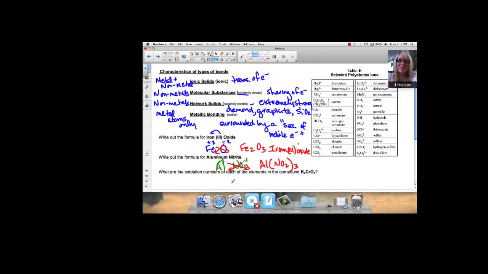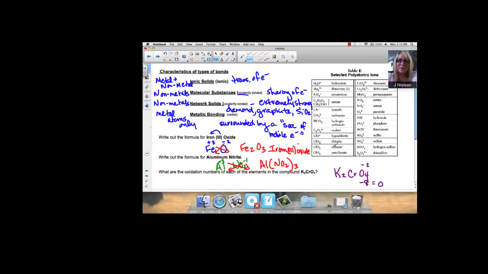What are the oxidation numbers of each of the elements in the compound K2CrO4? Oxygen is -2. We get that from the periodic table. This is a compound, so the net charge has to equal 0. If I have 4 oxygens, that gives me a net -8.